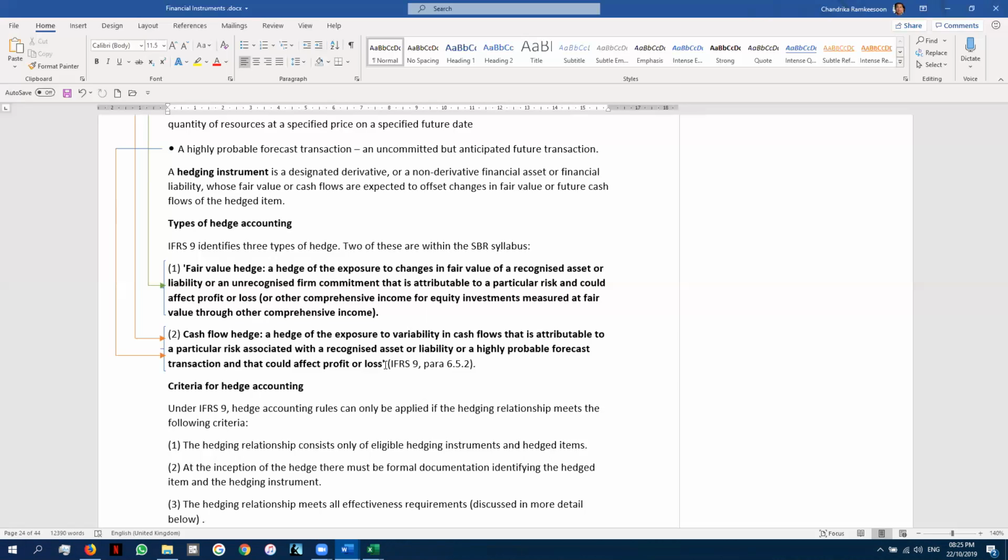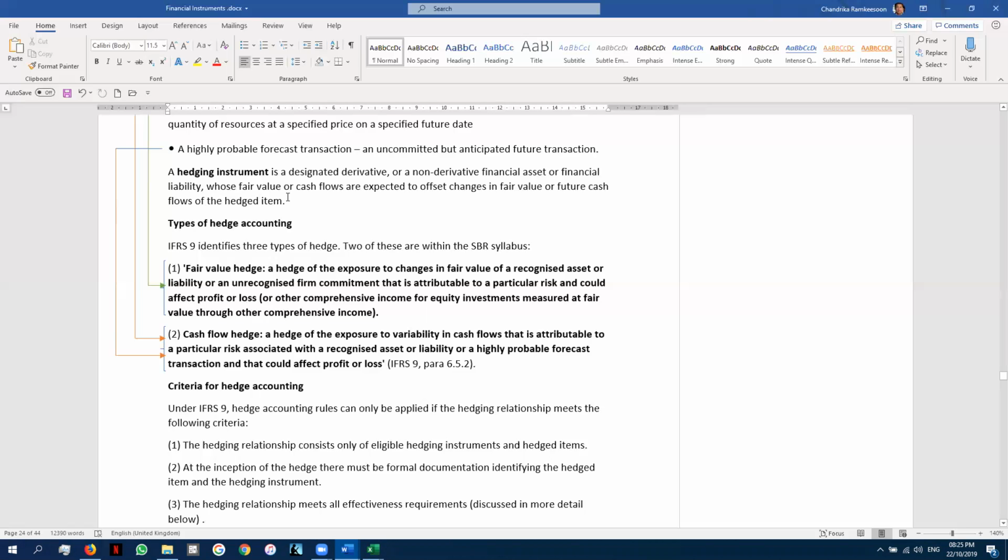I will tell you it is, because in surveys taken from students, asked what they consider to be one of the most challenging standards, they would say IFRS 9. But my job, as I said, is to show you how to deal with the accounting aspects, if it's a fair value hedge or if it's a cash flow hedge.